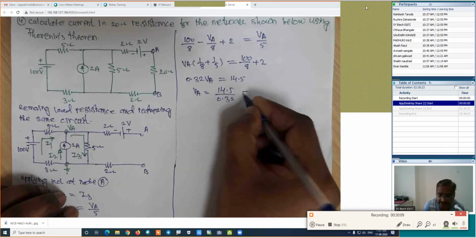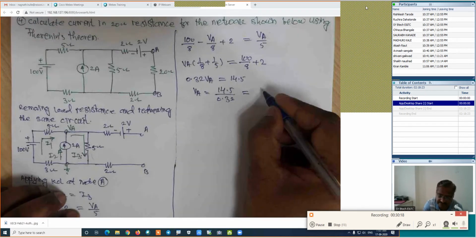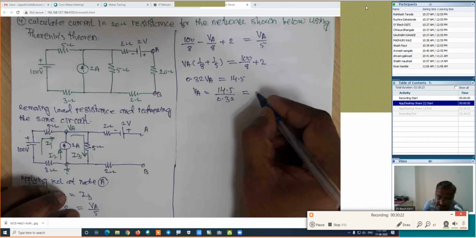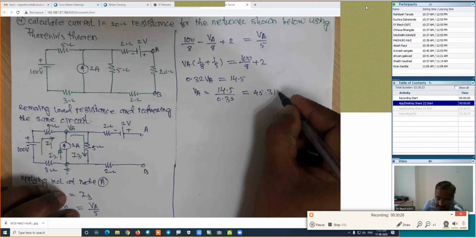How much is the value? 45.31. 45.31 volt. Is it right?